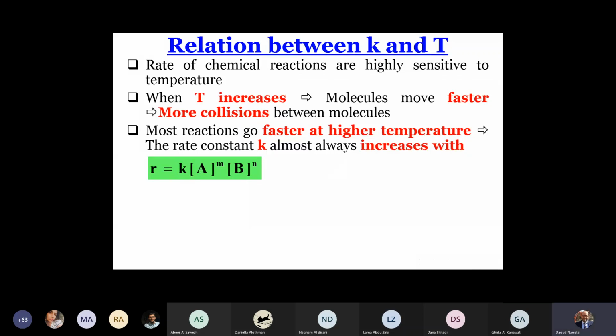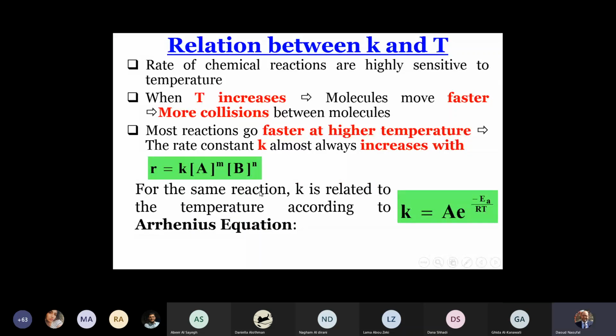In the same experiment, we could not change the temperature. When the reaction starts at 25, in order to study the kinetics of this reaction at this temperature, we should not change the temperature. So k is a function of the temperature, and in the same experiment, the temperature is constant. For this reason, k is called the rate constant.